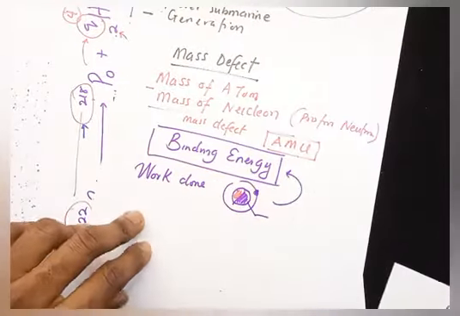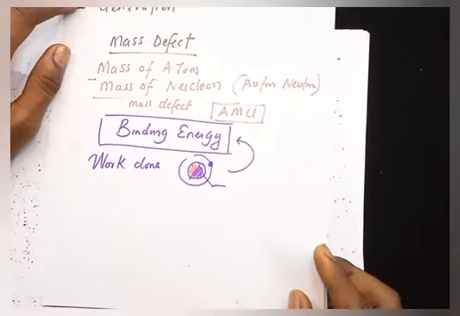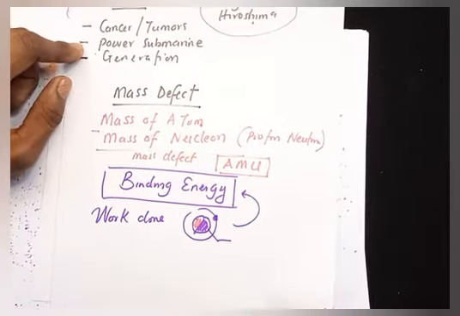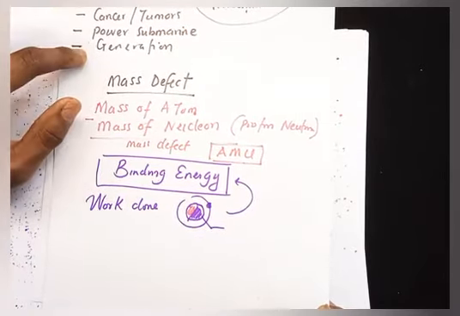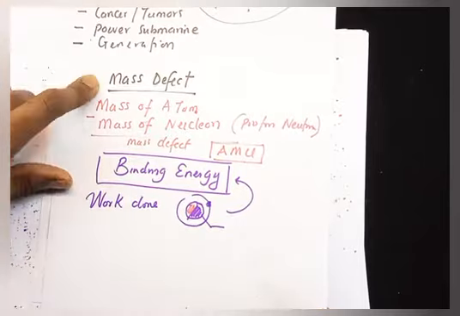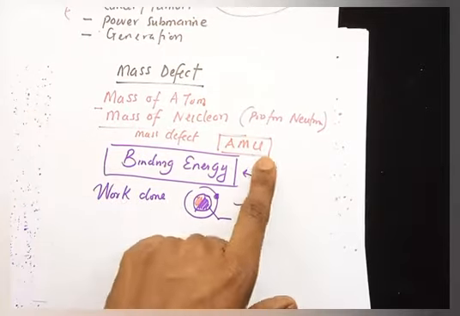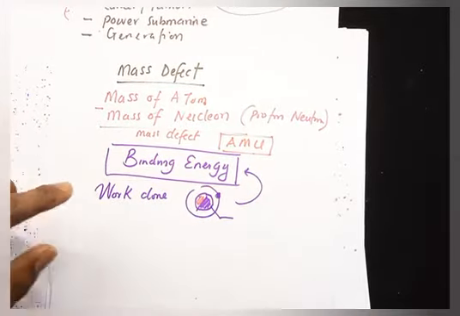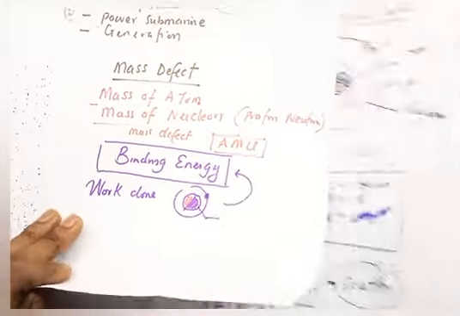We also looked at the uses of radioactivity in the treatment of cancer and tumor cells, to power submarines and generation of electricity. We also looked at mass defect as the difference between the mass of an atom and the nucleons of that atom, and the unit is the atomic mass unit. We also looked at binding energy as the work required to split the nucleus of an atom.